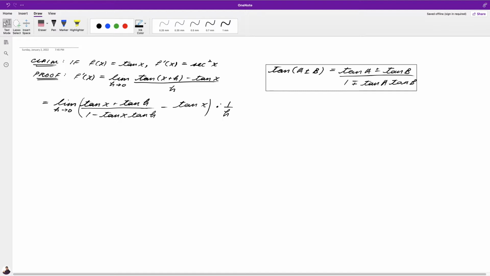Just multiplying by the reciprocal. Pretty straightforward so far. Just checking our work, making sure we haven't committed any careless mistakes.